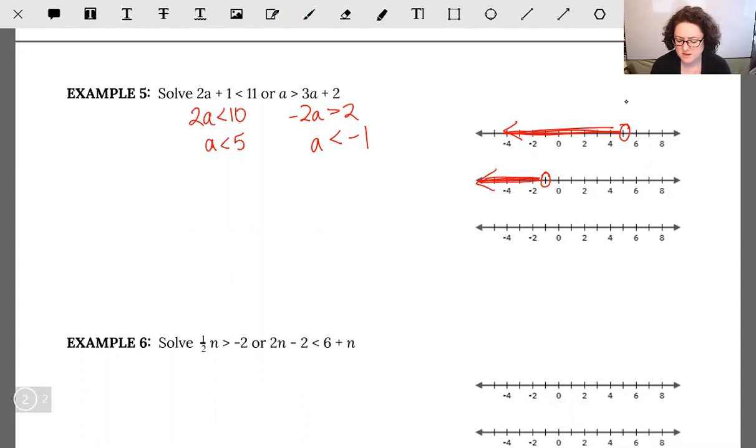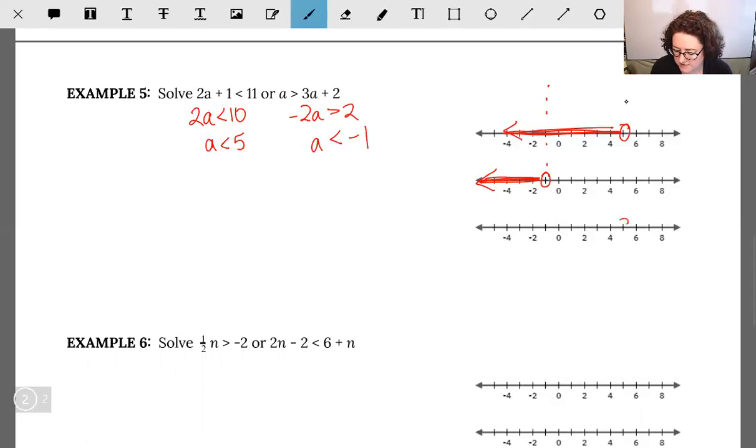So wait a second, let's think about that. We have multiple things happening. It could either be in one section or it could be in the other, and we do have some overlap happening, kind of past that -1, but we want to make sure that it could be in either section. So this is going to look a little strange.